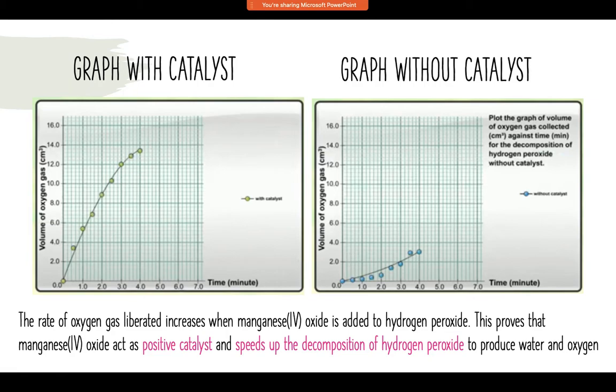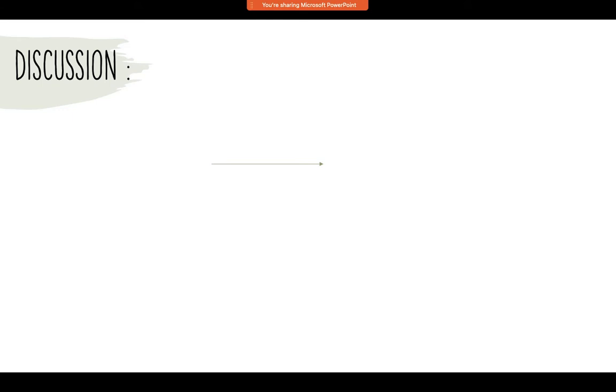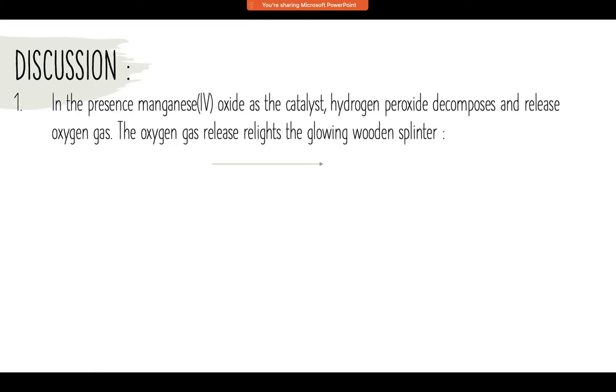Okay, so as the discussion for this experiment, number 1, in the presence of manganese(IV) oxide as a catalyst, hydrogen peroxide decomposes and releases oxygen gas. Oxygen gas released relights the glowing wooden splinter. Maksudnya kita nak test the presence of gas yang diproduce, kita boleh test with the glowing wooden splinter and it will relight.